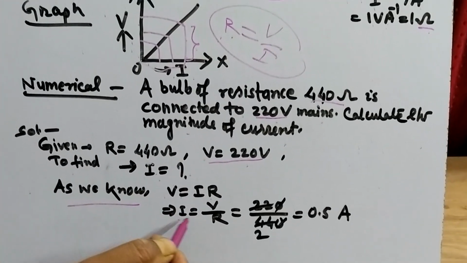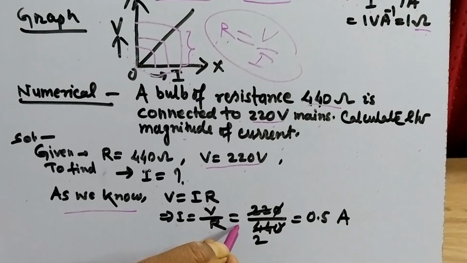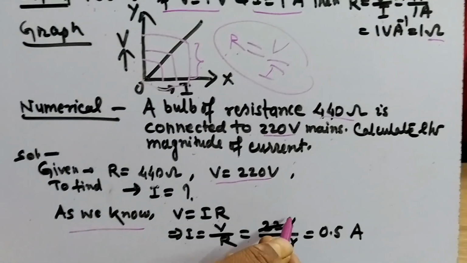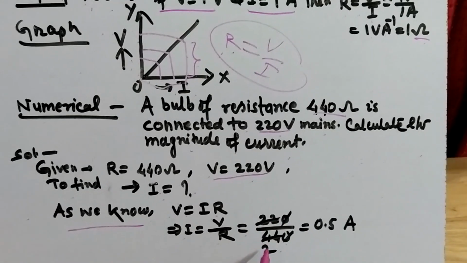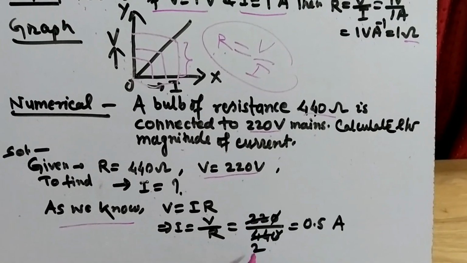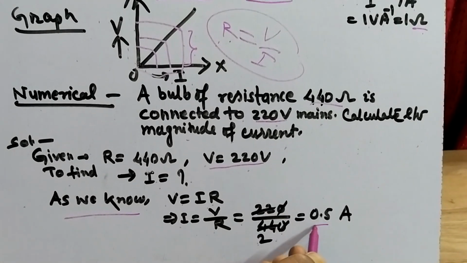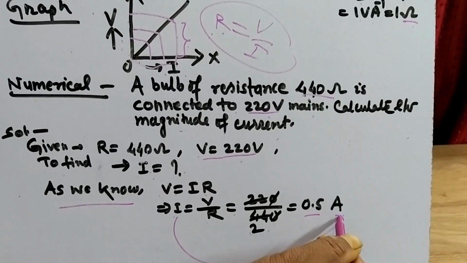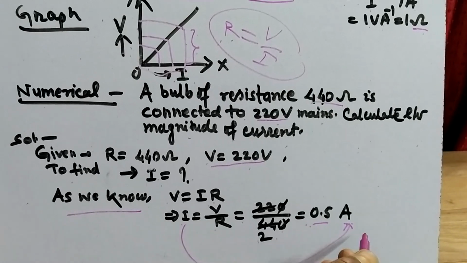From here I equals V upon R, that is 220 upon 440. The 0 is cancelled out. 22 2s are 44, so it becomes 1 by 2, which is 0.5. The SI unit of I is ampere, so it becomes 0.5 ampere.